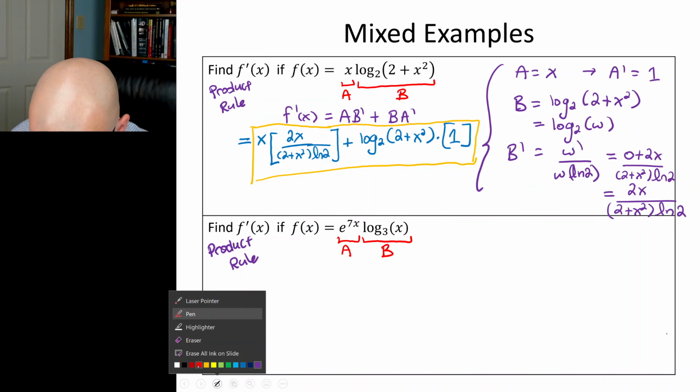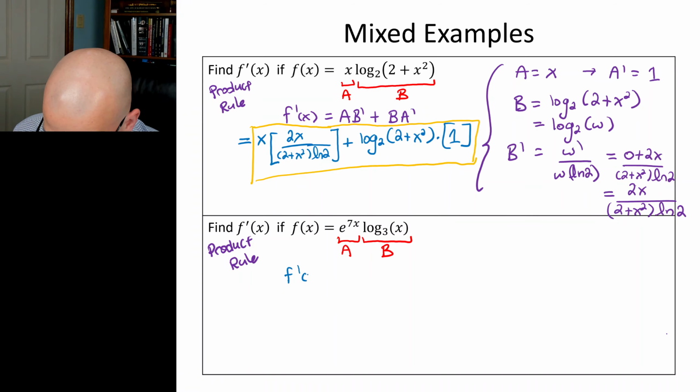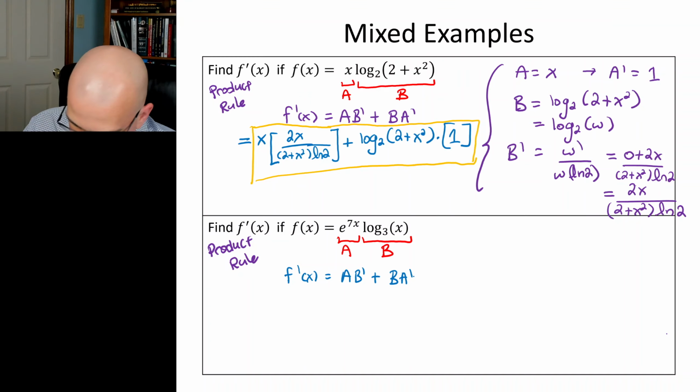Anyway, so when we take the derivative, f prime of x, we're going to get a times b prime plus b times a prime. A is e to the 7x.